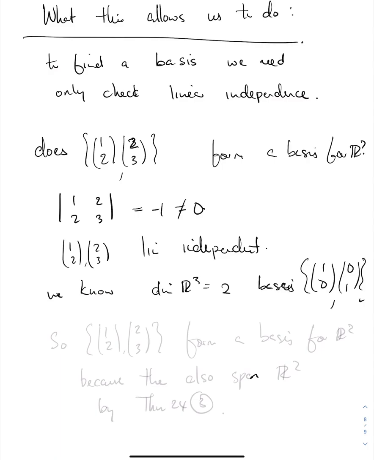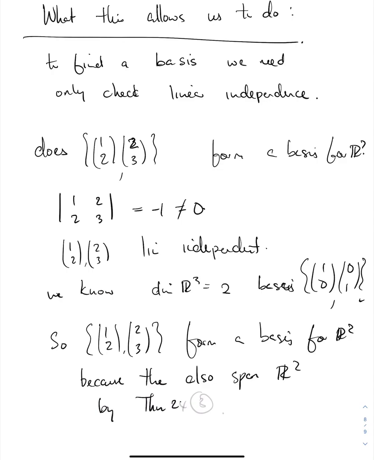By this part of our theorem, we know that (1, 2) and (2, 3) form a basis for R2, because they also span R2 by Theorem 24, Part 3. You're going to have a lot of practice using these. For now, I want to continue the work of proving and looking at and using Theorem 24. Next lesson is going to do Part 4 through 7.